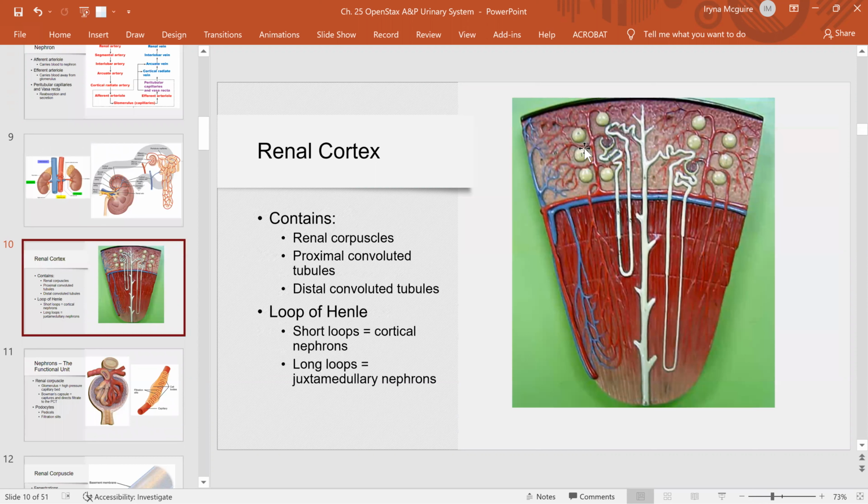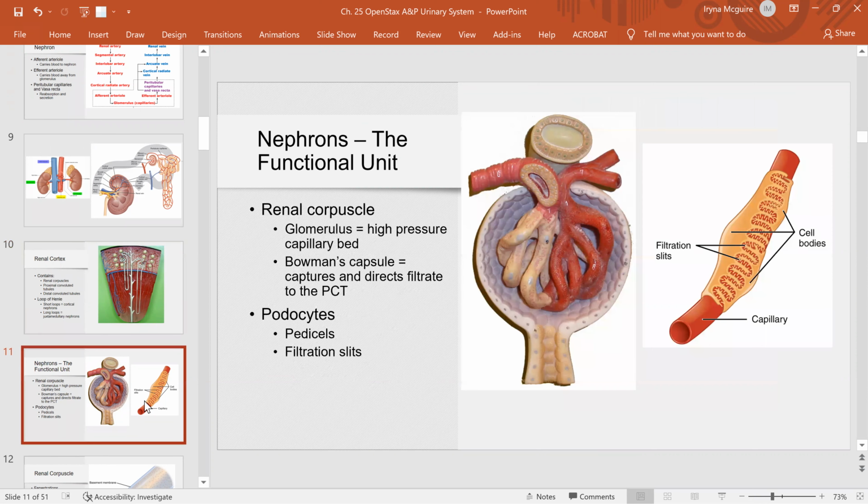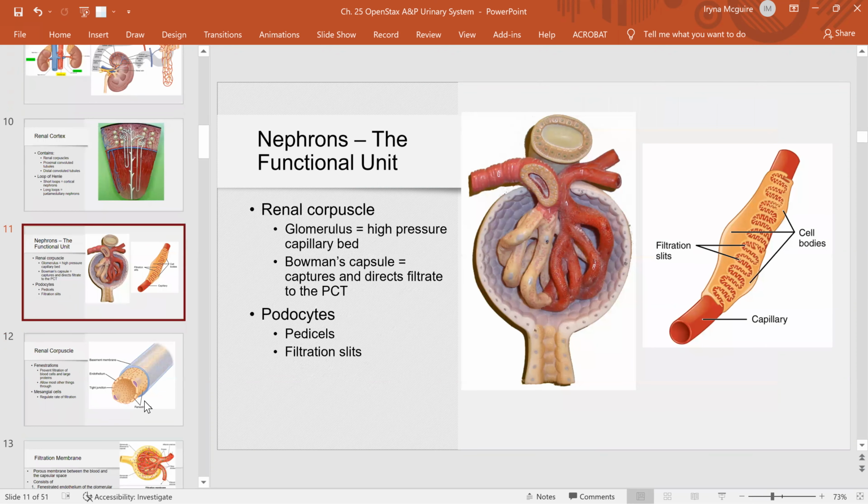if you look at your kidney, it has a cortex and medulla, and within the cortex, you have structures that we call renal corpuscles. And in the cortex and in the medulla, you have lots of tubules. And proximal tubule, loop of Henle, distal tubule, and renal corpuscle make a nephron. And nephrons are the functional unit of the kidney.